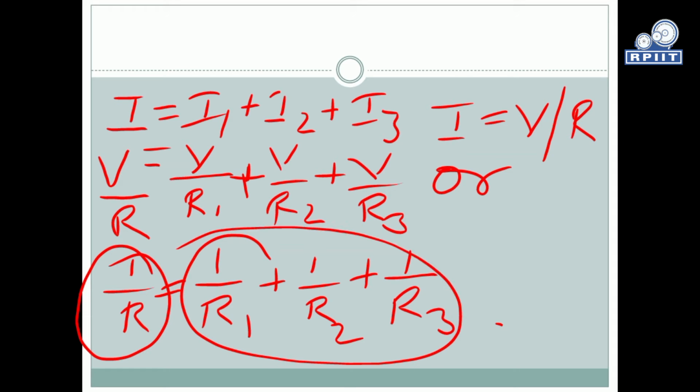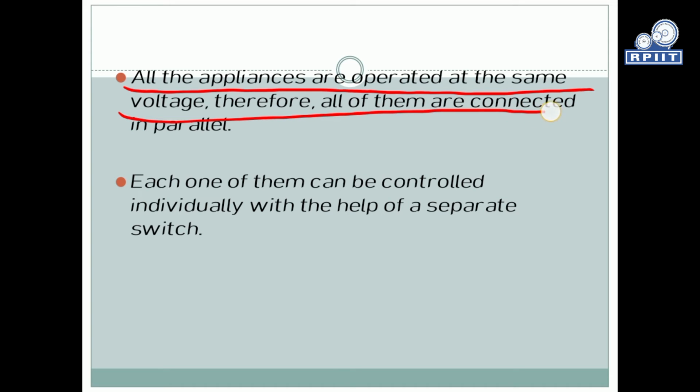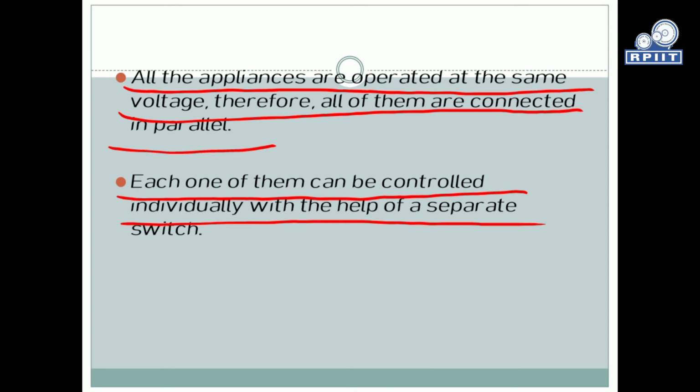All the appliances are operated at the same voltage. So in a parallel circuit, voltage remains the same but current is different across the components. Therefore all of them are connected in parallel. This is the advantage of a parallel circuit, and each one of them can be controlled individually with the help of a separate switch.